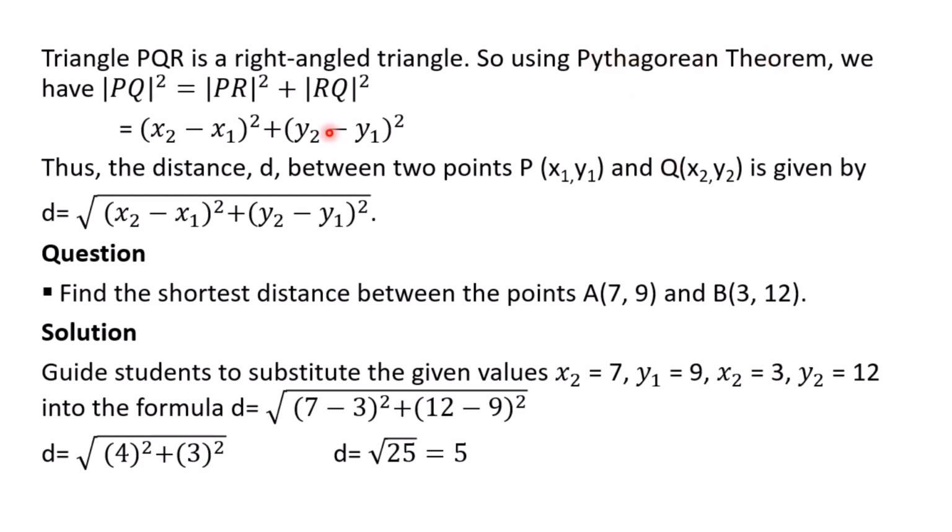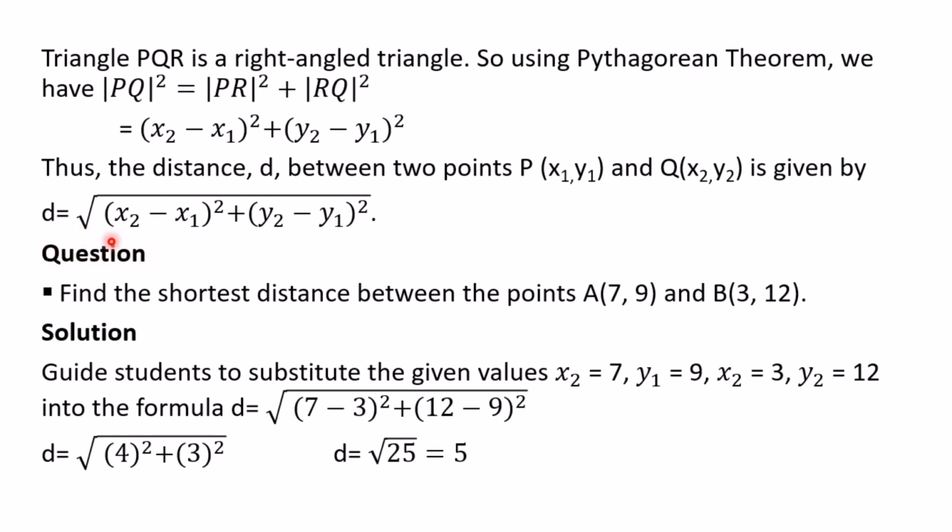Using Pythagoras theorem, you can see that PQ squared will be equal to PR squared plus RQ squared. PR is the difference between the x components, and RQ is the difference between the y components. So the length, that's the hypotenuse, the side facing the 90 degrees, squared will be equal to the squares of these shorter sides.